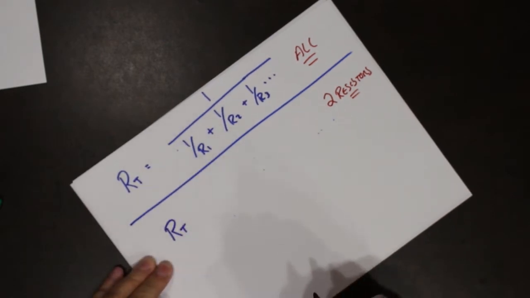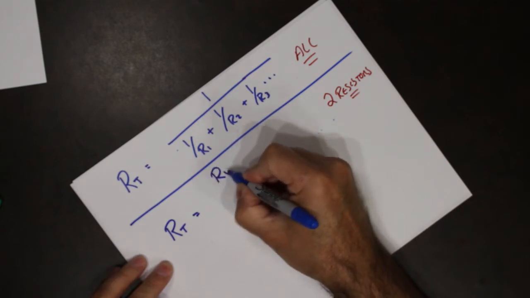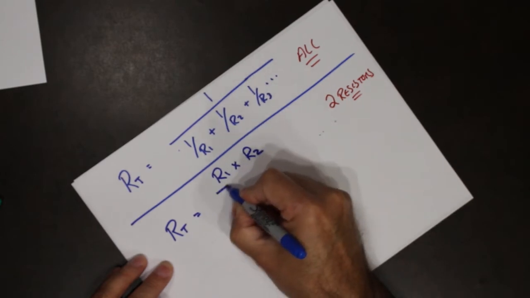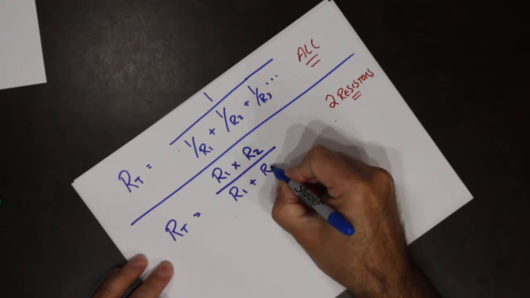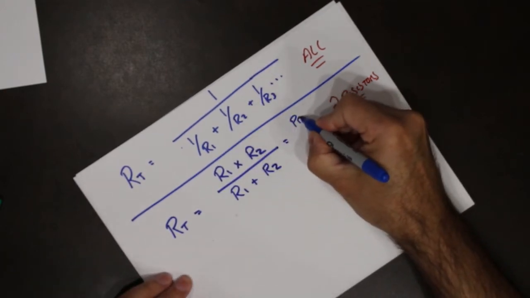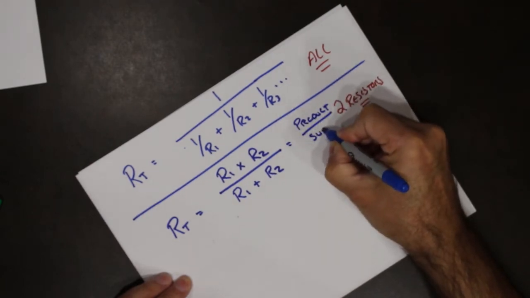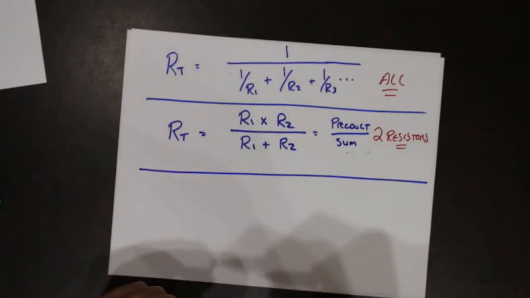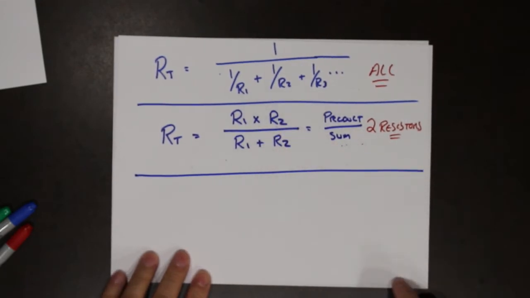Our total is equal to R1 times R2 divided by R1 plus R2, otherwise known as product over sum. So this formula works if we have only 2 resistors.